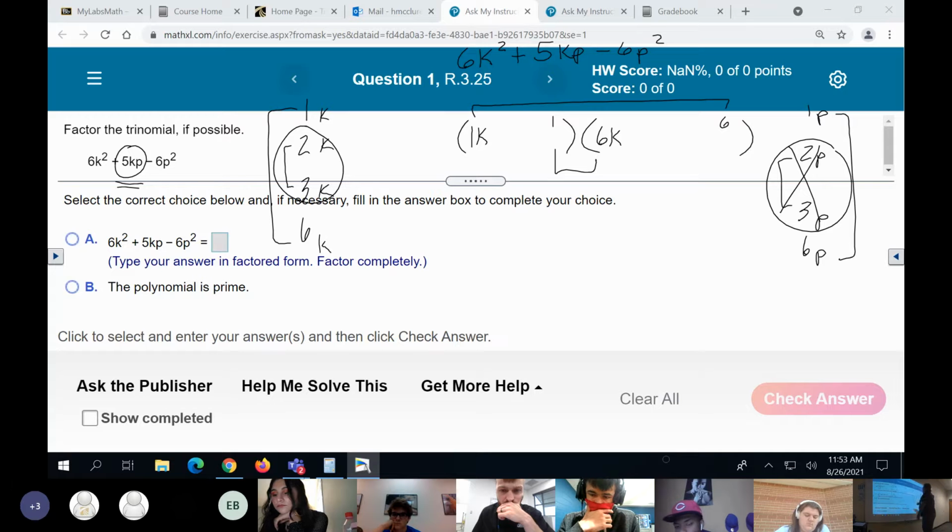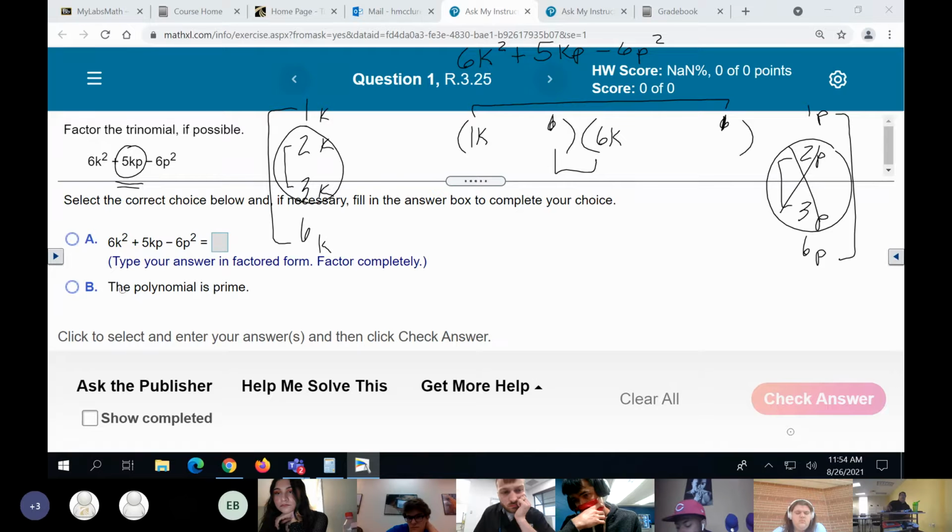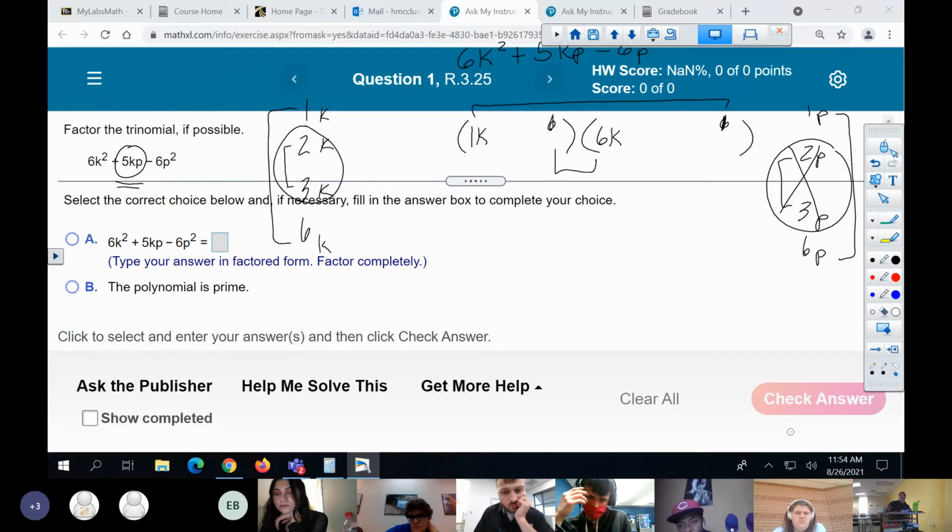And if I switch it, I get a 6 and a 1. That's 36 and 1. I think this one's prime. So this one looks like it's prime. I may be wrong, but it looks like it's prime.